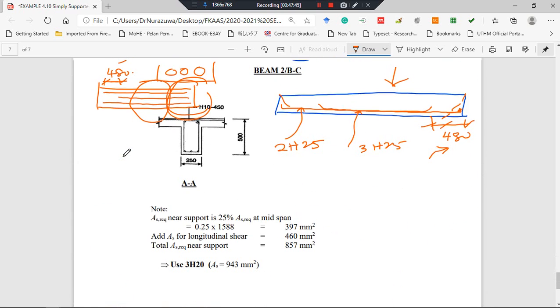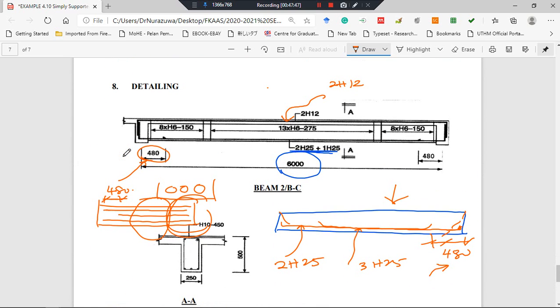Even though in the design you only design as singly reinforced, in order to place the shear reinforcement, you need something at the top to tie this reinforcement, to make sure that this shear reinforcement is placed correctly, accordingly.